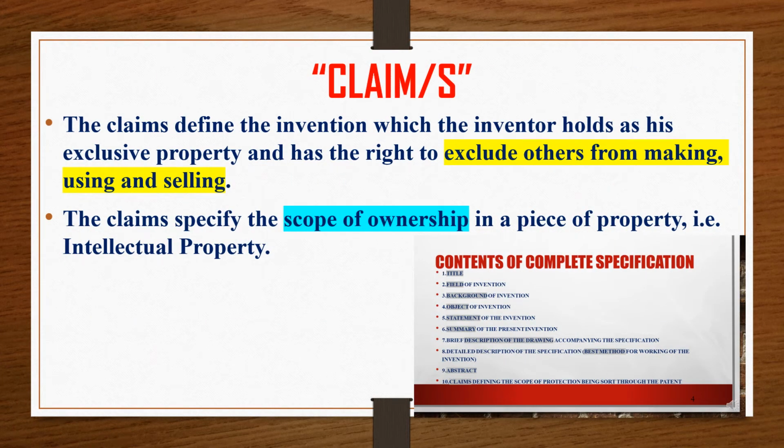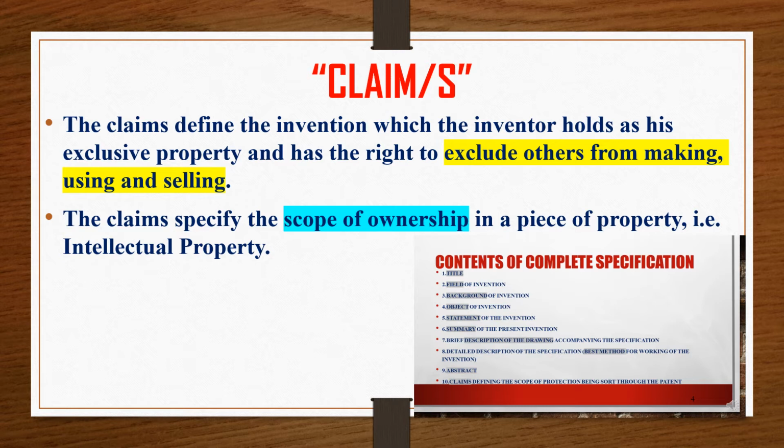Now comes the most important content of the complete specification. What is it? This is claim or claims, we can say. So the first point is, the claims define the invention which the inventor holds as his exclusive property and has the right to exclude others from making, using and selling.